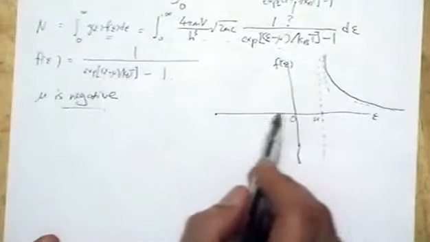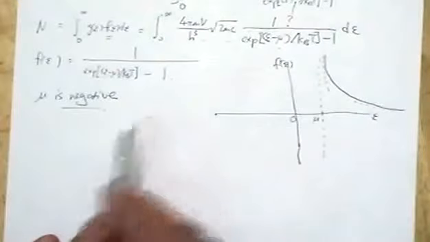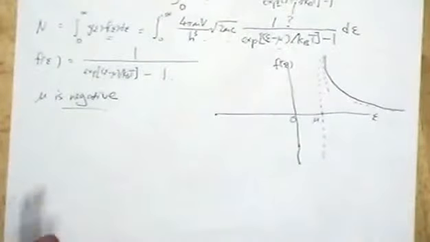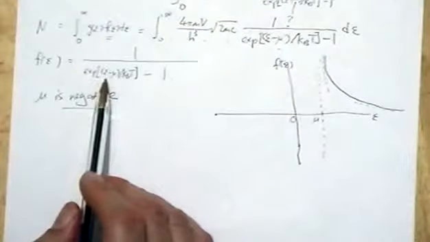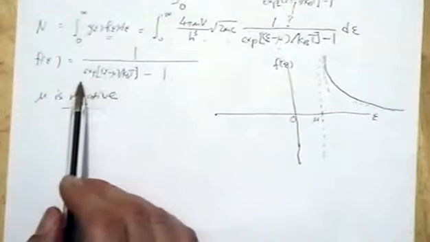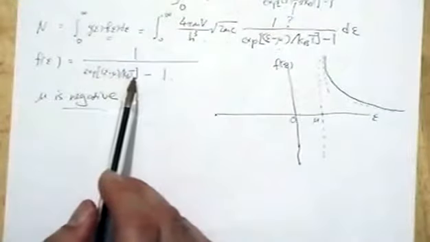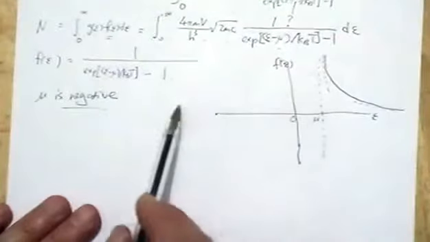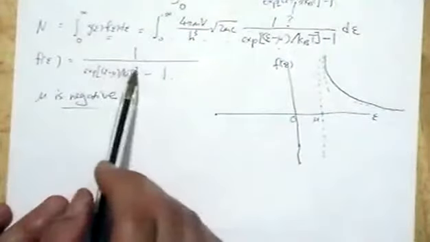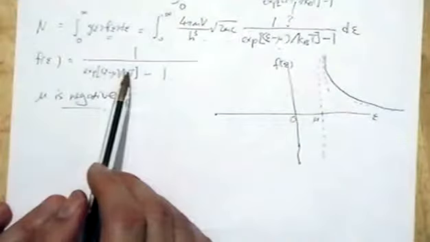And as E gets more and more negative, we would expect this to get more and more negative. So E to the power of a negative number, as that number gets bigger and bigger, gets smaller and smaller.